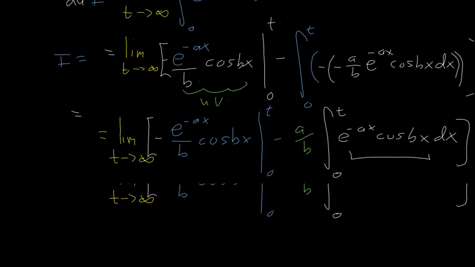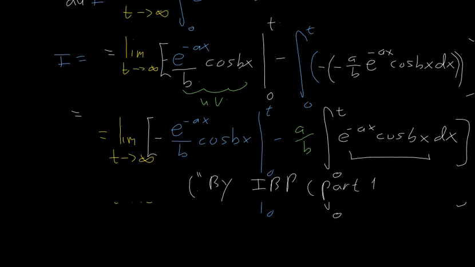So what we need to do is use IBP again. By the way, you should be saying IBP the first time, so your justification should be by integration by parts, part one. Yes, part one gets annoying. We're using it the first time, but we have to use it again because we can't integrate that using simpler methods.